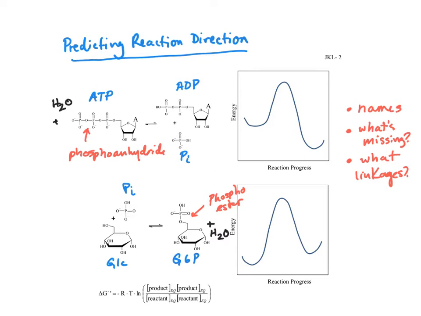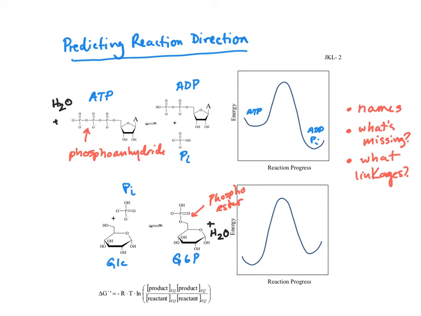We can think about it in two different ways. The first is we can write out reaction energy diagrams. And if we do that with this particular first reaction, the splitting of ATP into ADP and phosphate, we would say that we have ATP here, and water, of course, and over here we have ADP and phosphate.